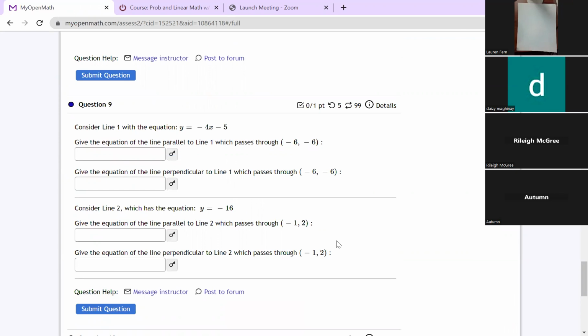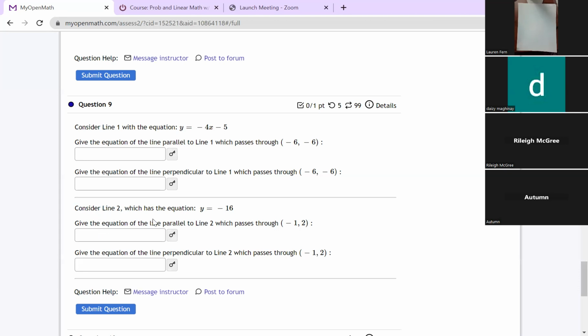All right. So here what we have, I'm going to do the bottom part first on here, and then I will do the top part next. Okay. Notice line 2. What kind of line is this since it's just y equals? It's a horizontal line, right?